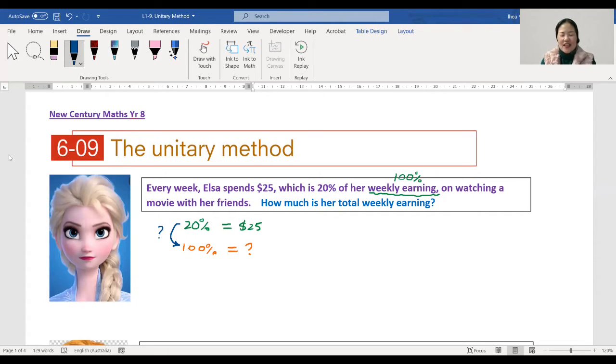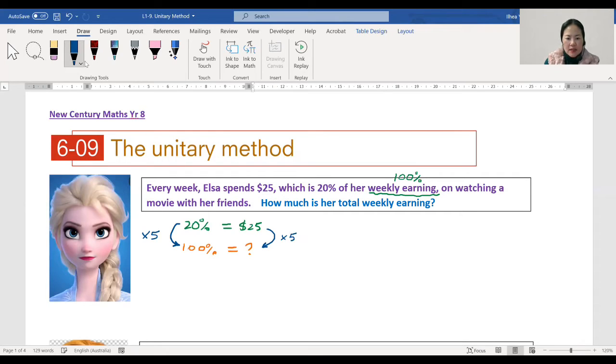So you're thinking, how many $20 notes do you need to make $100? Excellent, good job. That is absolutely correct. So I will go times by 5 here. 20 times 5 is 100. So that's 100%. And I will do exactly the same thing here.